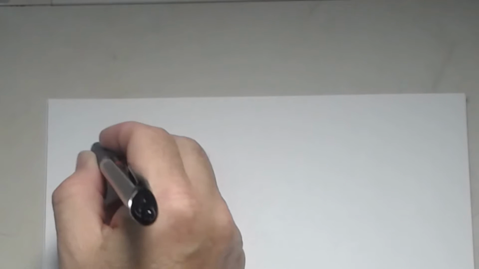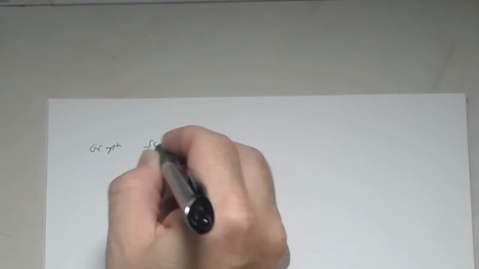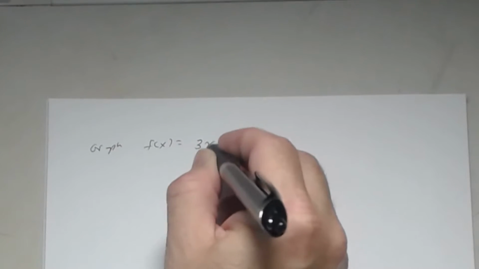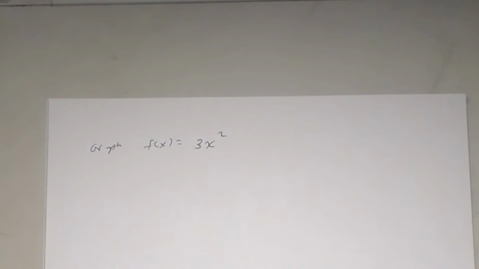Okay, so let's graph this. Let's graph f of x equal, let's say, 3x squared. The grid paper, the width of it, the length of it is not big enough to get all these points I need here. So I'm going to do this by hand.